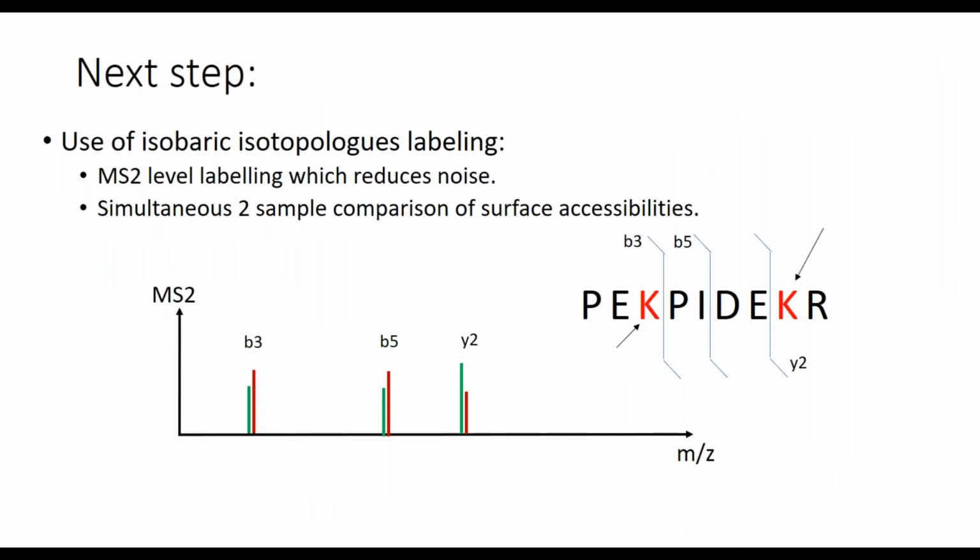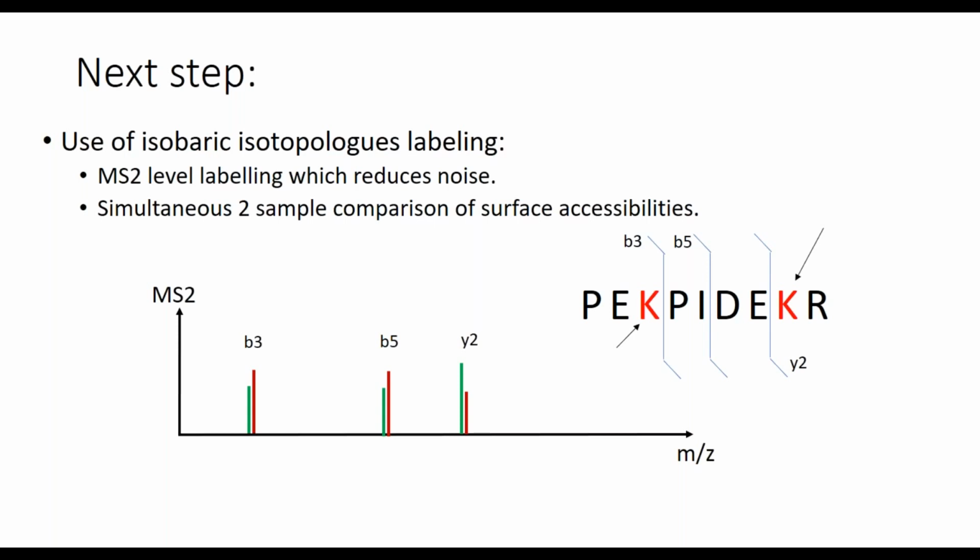Also, because of this isobaric isotopological labeling, we can have information about these cases that we were discarding before: peptides having two lysines with the information of the surface accessibility. We were discarding them because we don't know which is the proportion for each site contributing to the final ratio.